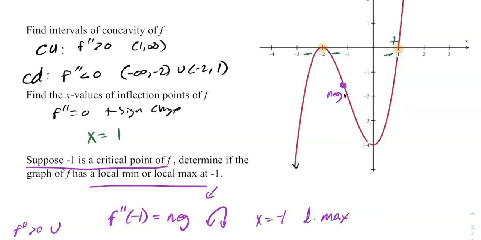That's just implying the second derivative test a different way. If I know it's a critical point, all I gotta do is find the value at the second derivative and tell if it's a min or max. In this case, I knew negative 1 is a critical point. Let's plug it into the second derivative, which just means literally go to your graph and follow the graph. So at negative 1, my graph goes down here, so I have a negative value at negative 1. So local max, and that's the lesson.